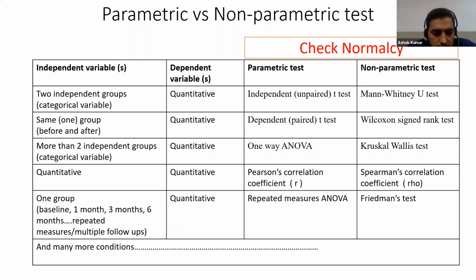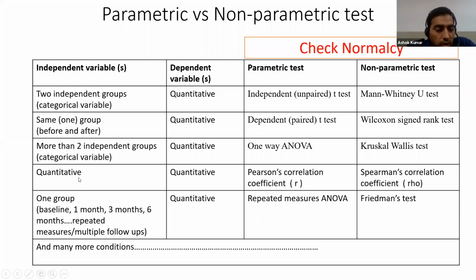Or BMI or weight and something else. When both variable types are quantitative, we have to use the Pearson correlation coefficient and Spearman rank correlation coefficient.